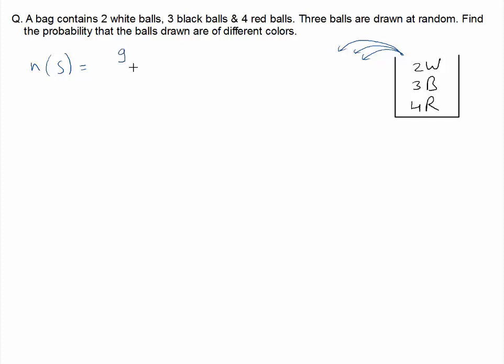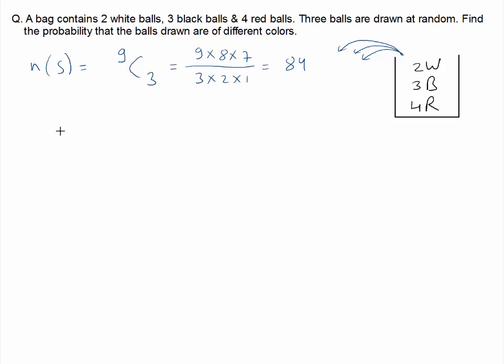So out of these balls we are selecting 3 at a time. So the number of ways we can do so is 9C3. So these many elements would be there in the sample space. Let's calculate the value: 9 multiplied by 8 multiplied by 7 divided by 3 into 2 into 1. So that would be equal to 84 ways. So there would be 84 elements in the sample space.